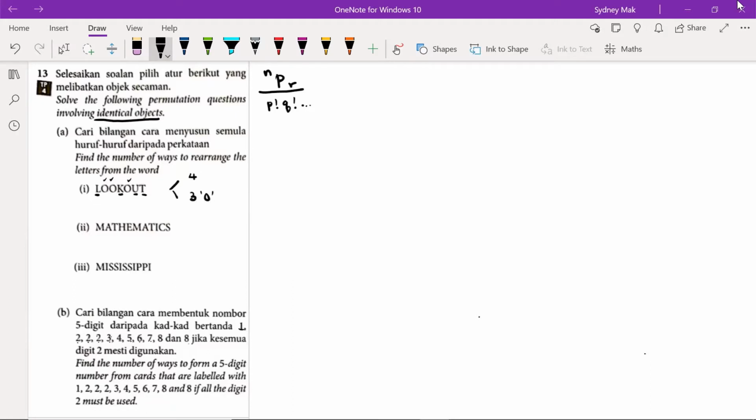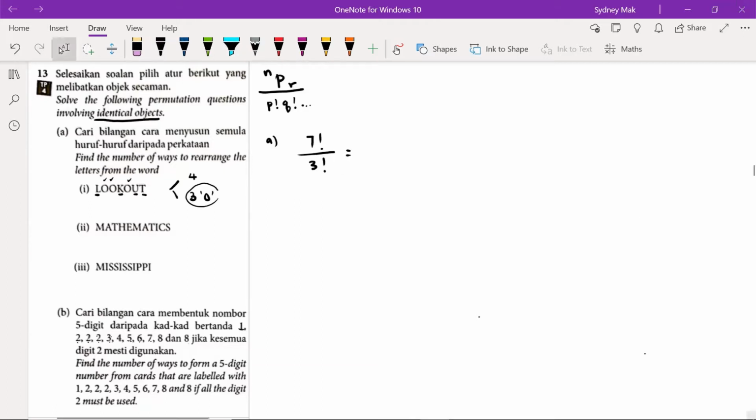The rest are just single letters, but O is repeated 3 times. Since we arrange all, in all we have 7 letters here, so 7 factorial. We have to divide by 3 factorial because O appeared 3 times.